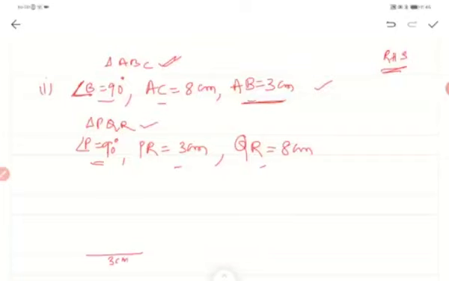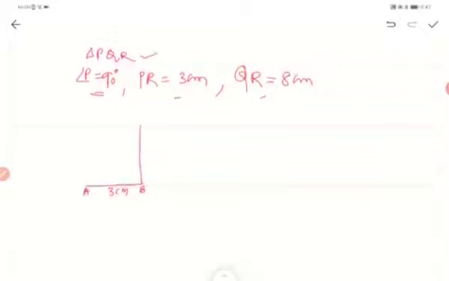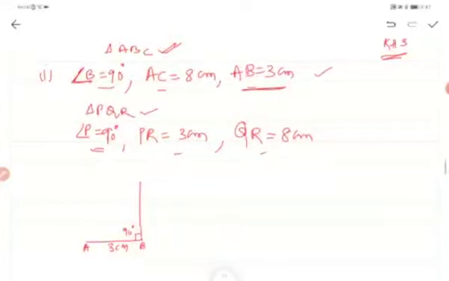This is AB. Now from B I will draw a 90 degree angle, a straight line. This is 90 degrees, and AC is given.